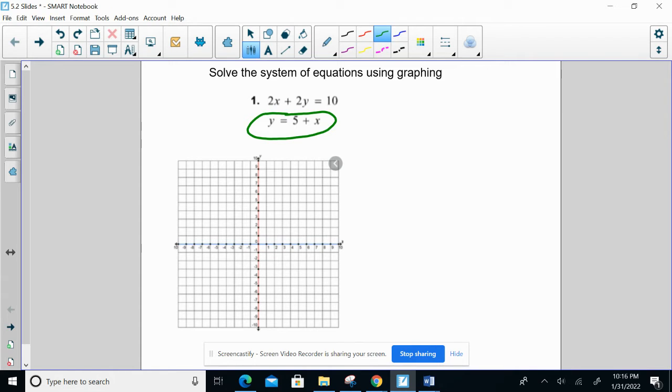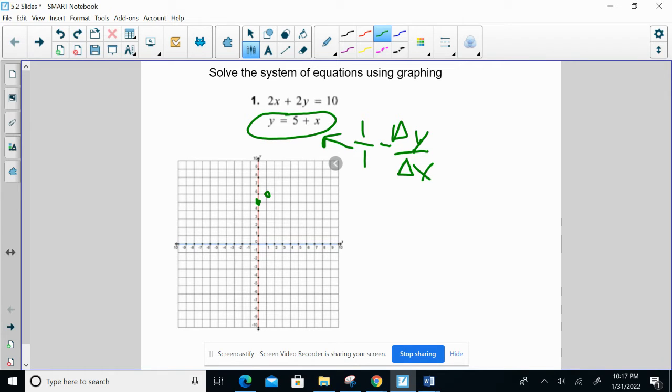Ultimately, for graphing, if it's set up like this, we got our y-intercept, we got our slope, the 5 is our y-intercept. I'm going to do my best to graph this. And the slope is 1. So I'll write it like this. Change in y is 1. That means it is positive, so I go up 1 and I go over to the right 1. So that's my slope for this one. Up 1 over 1.